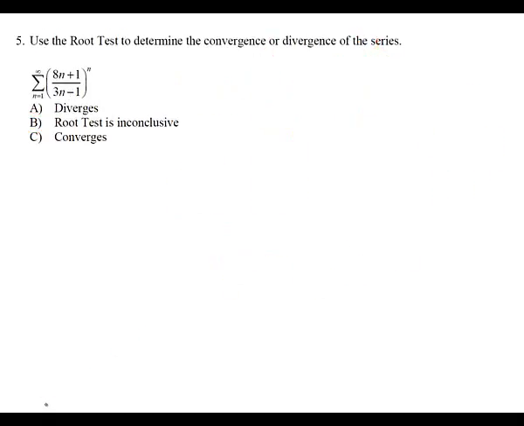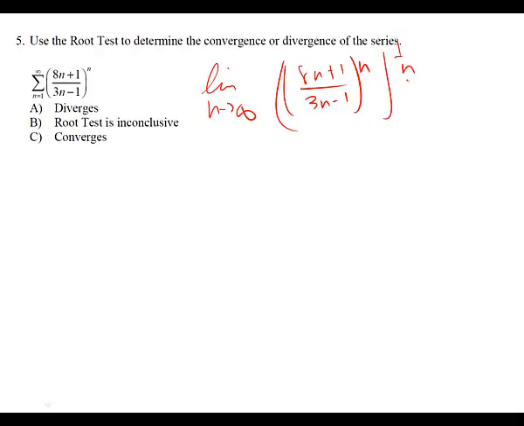Alright, looking at this one. We've got to do the root test. So I'm going to do the limit as n approaches infinity. I'm going to take my function, and what do I need to do to it for the root test? Take it to the 1 over n, or take the nth root of it. What happens with this right here?